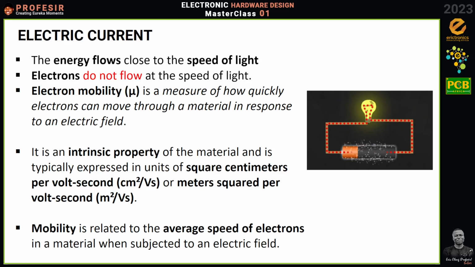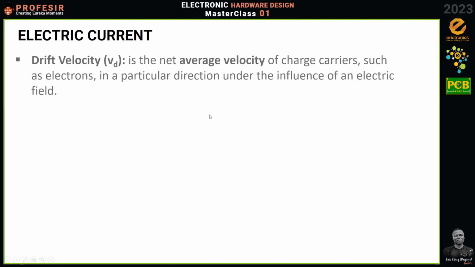This is something that I need you guys to really understand. Electrons don't flow at the speed of light. The speed of electrons is nothing comparable to the speed of light. We also have something called drift velocity. Drift velocity is the net average velocity of charge carriers such as electrons in a particular direction under the influence of a field.